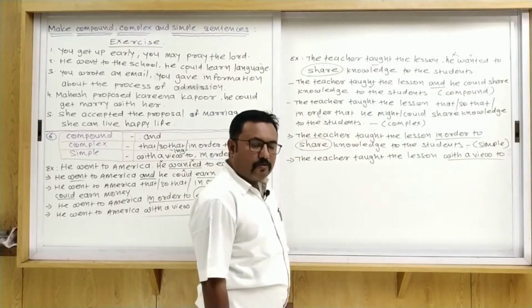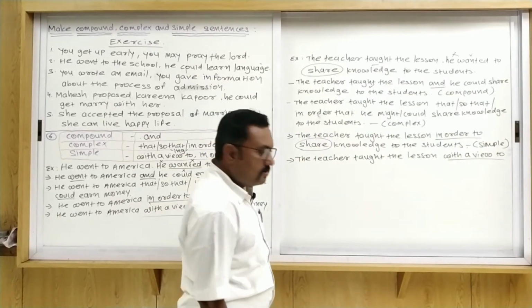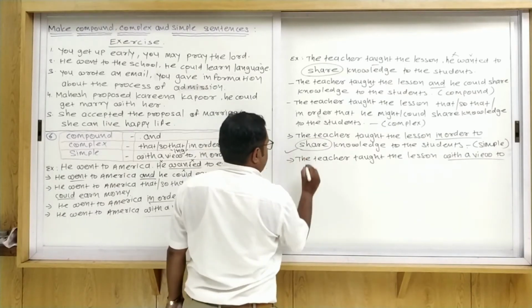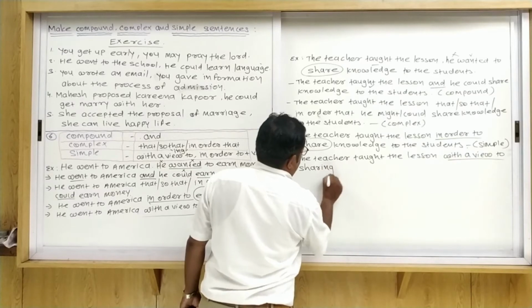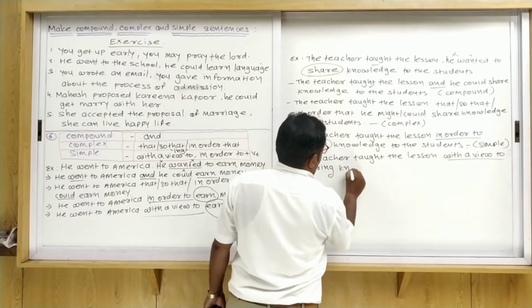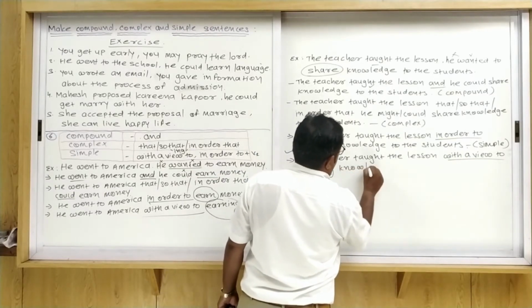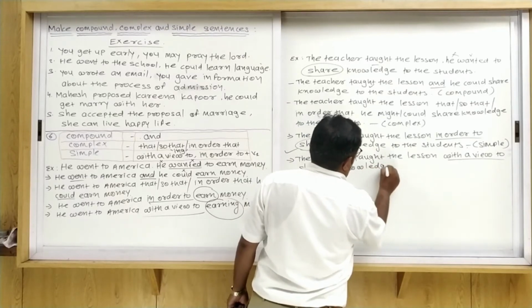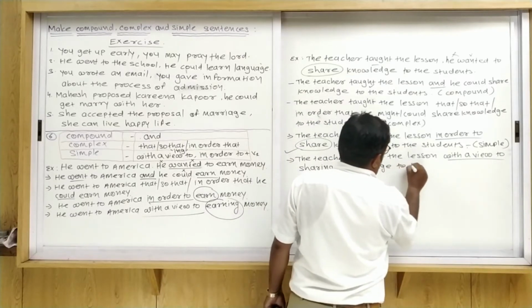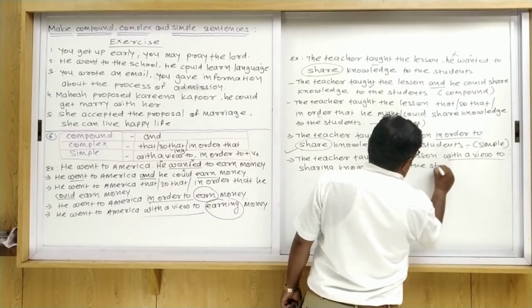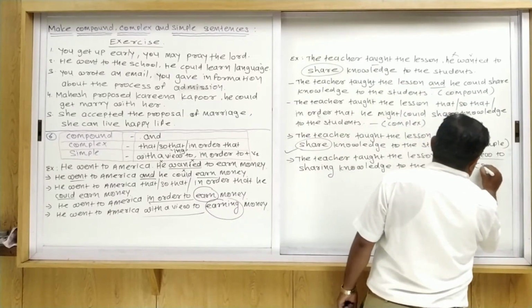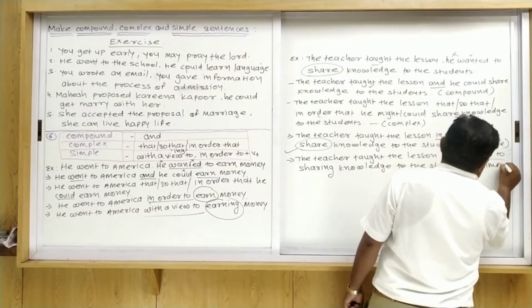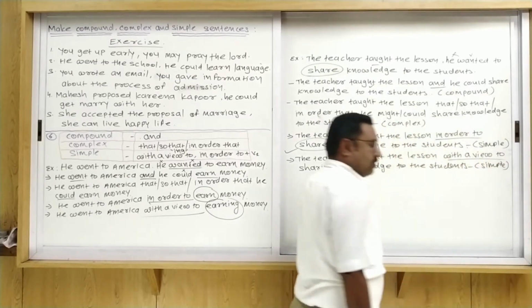After with a view to we use verb plus ing. So what is the verb here? Share. So with a view to sharing knowledge to the students. This one is also a simple sentence.